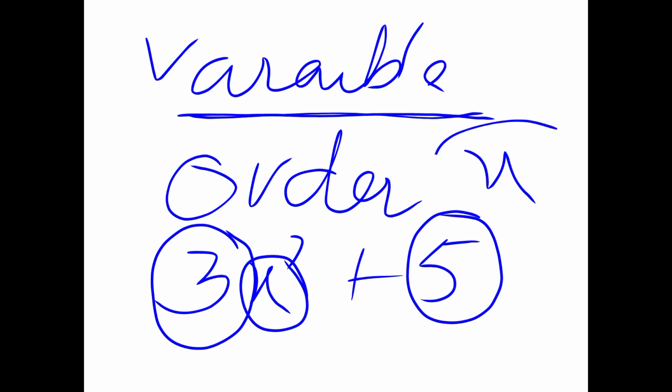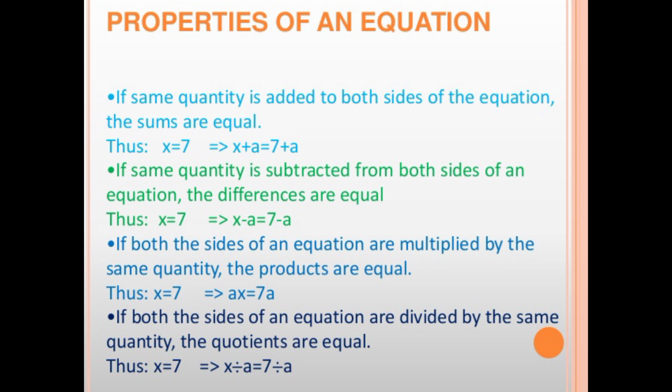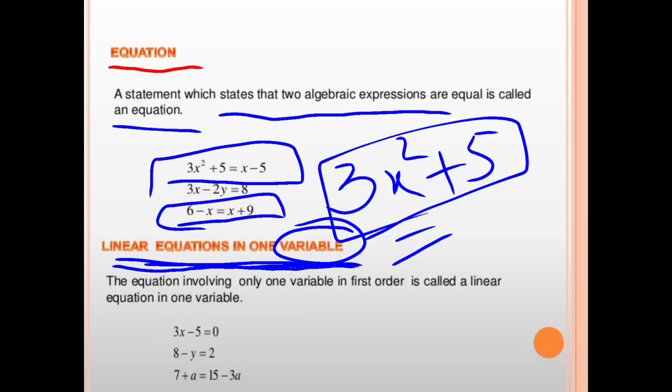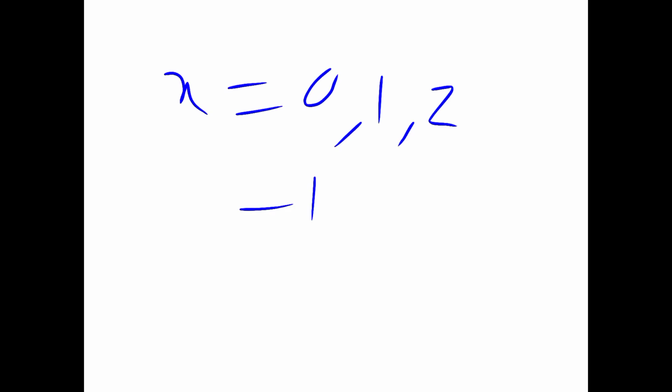X here is again a value, but that value can be anything. This x can be 0, it can be 1, it can be 2, it can be minus 1, it can be minus 2, it can be any integer possible.